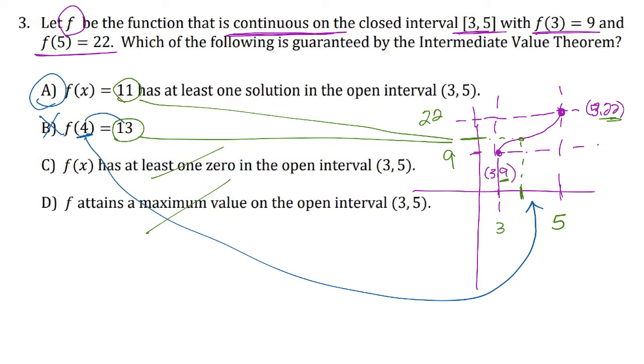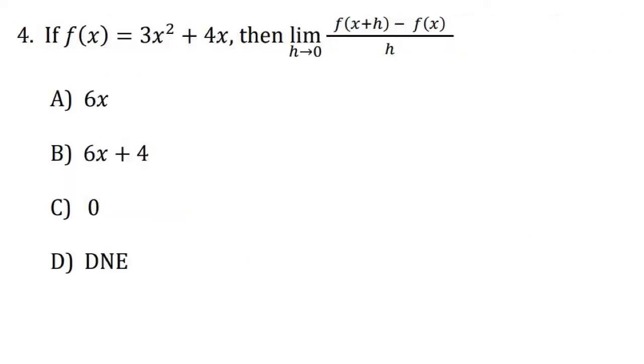We don't know that. We just know there's an x value that will give us a value that's between 22 and 9 here. So the right answer for this one is A, and B is just a very good distractor.